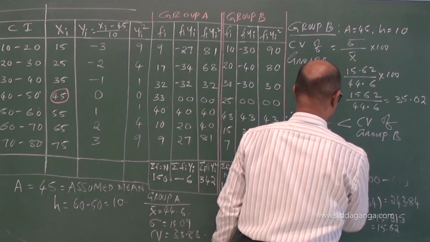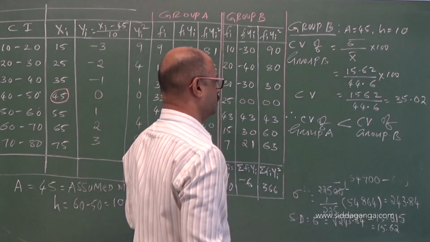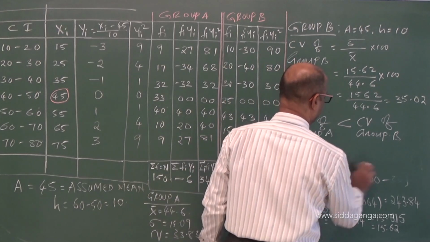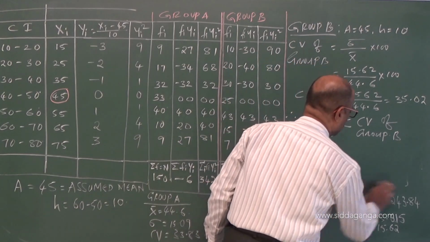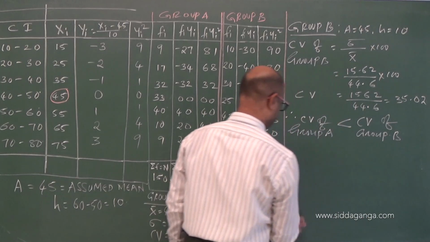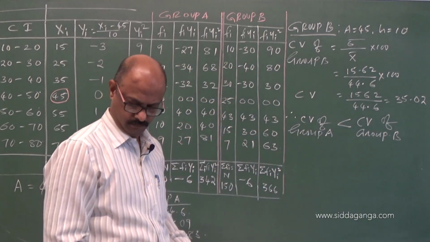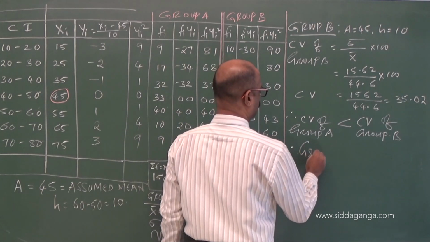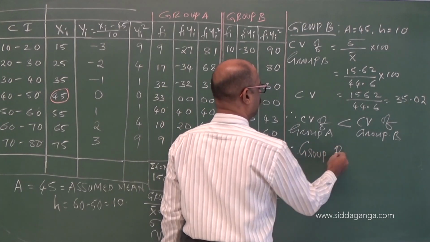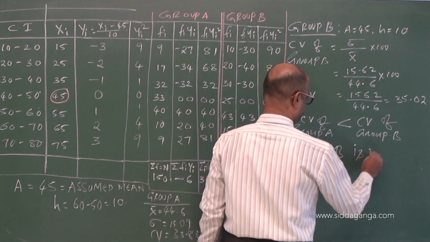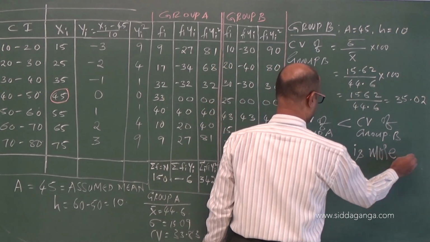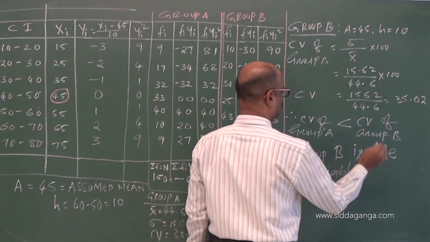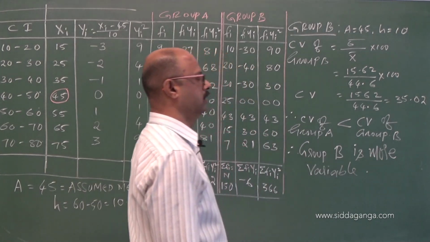CV of group A is 33 point something and this is 35 point something. Therefore, group B is more variable when compared to group A. This is the conclusion.